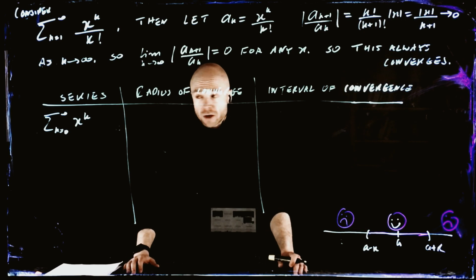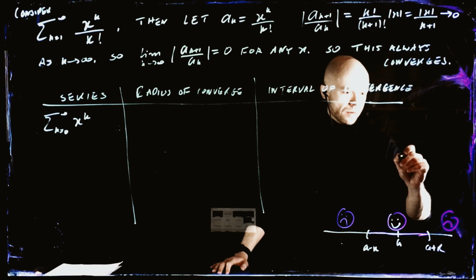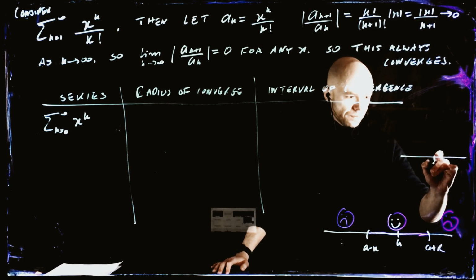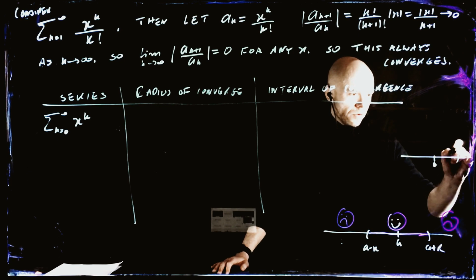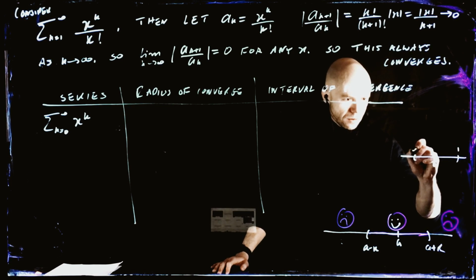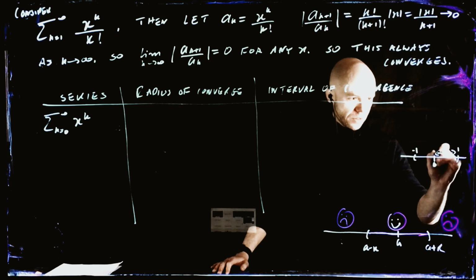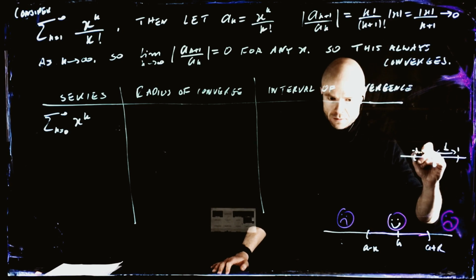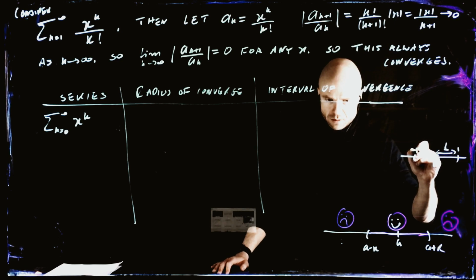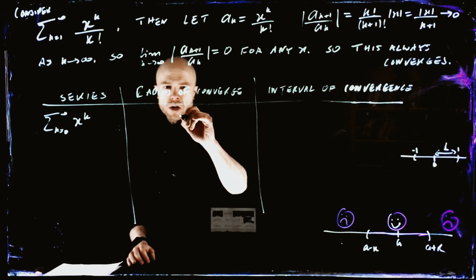In this case, we are centered on 0, and we are converging between 1 and minus 1, right? So the radius of convergence here is 1. Do you all see that? Give me a thumbs up if yes. Thumbs down if no.